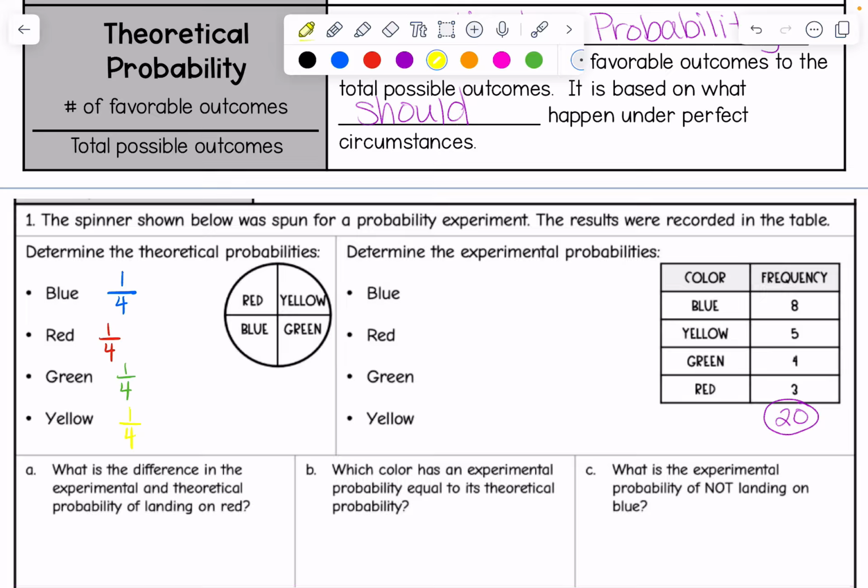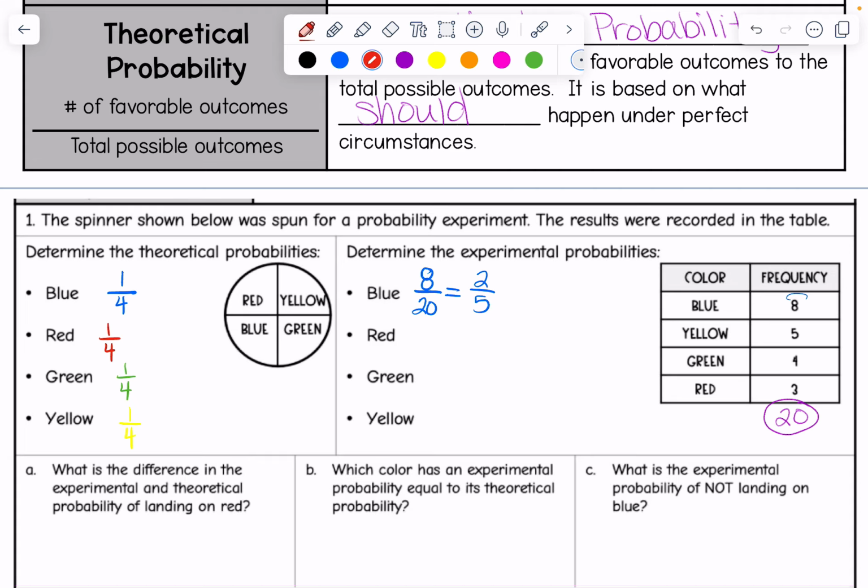Now to get those experimental probabilities, we look at how many times I landed on the color out of the 20 times. For blue, I landed on blue 8 times out of 20. So the experimental probability of landing on blue is 8/20. That can be simplified by 4 to get 2/5.